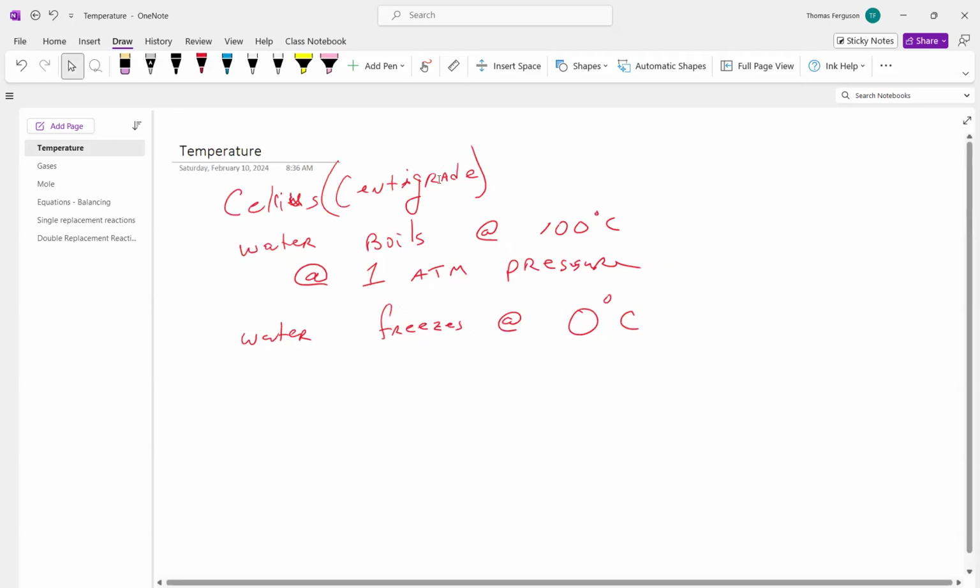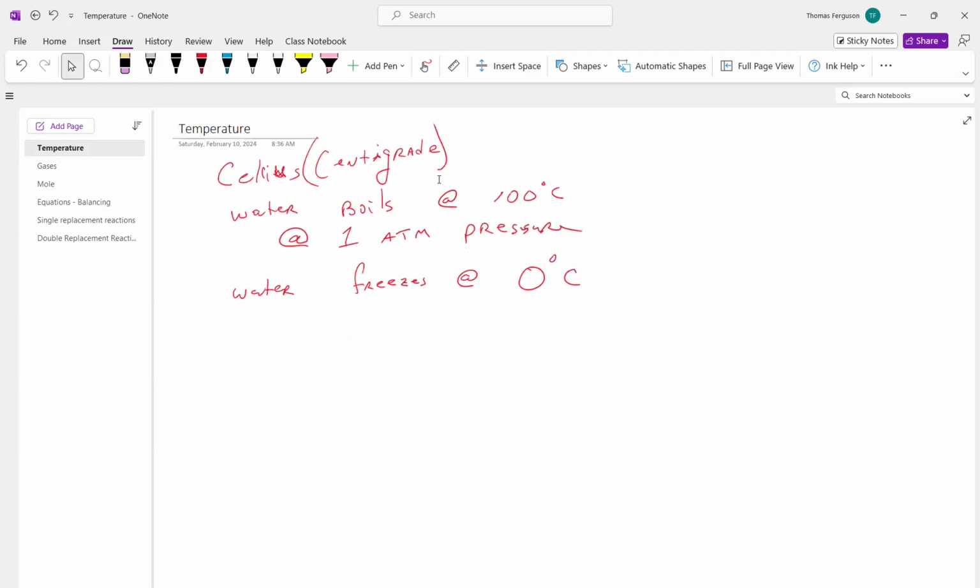Now to contrast that, we have Fahrenheit. Water boils at 212.